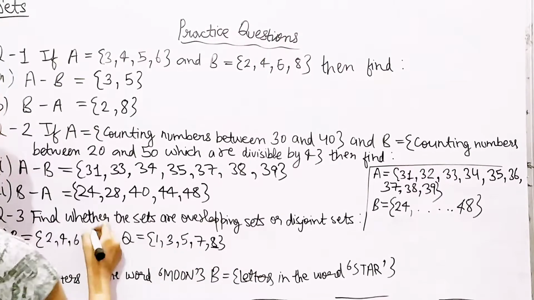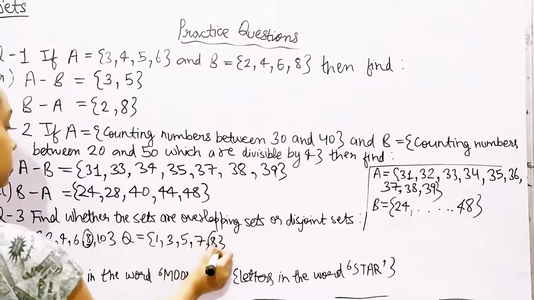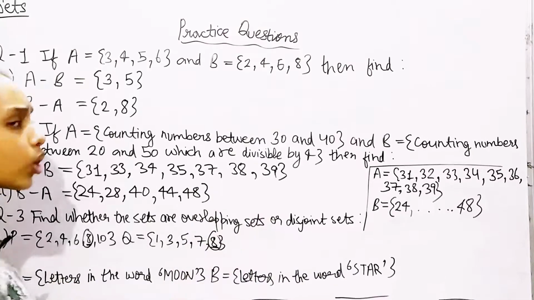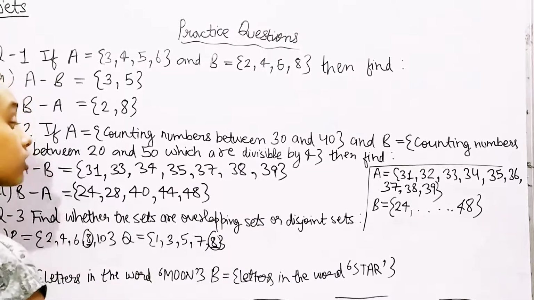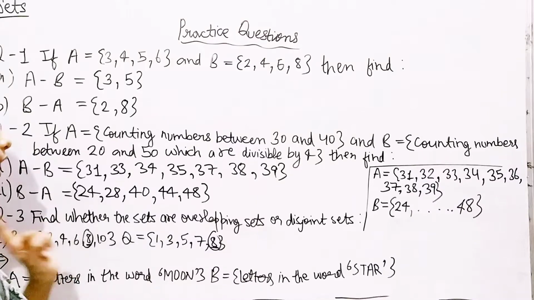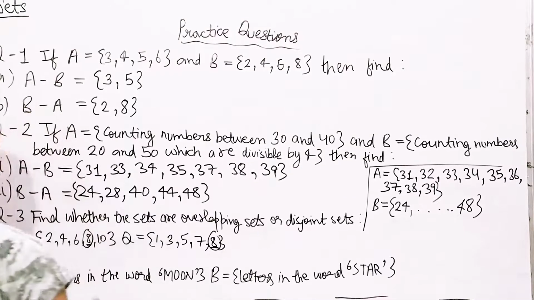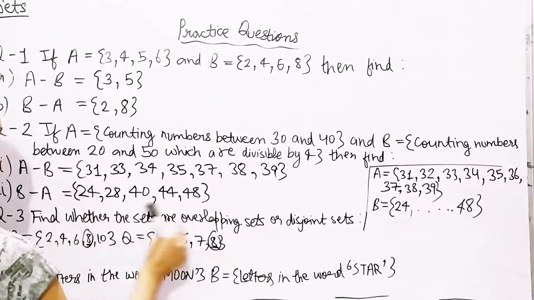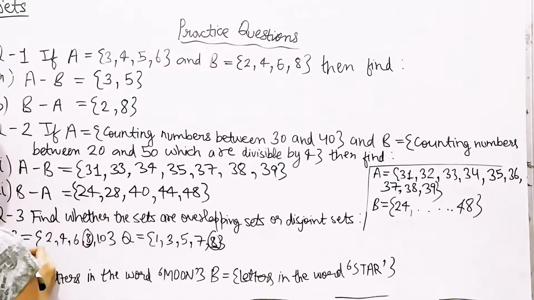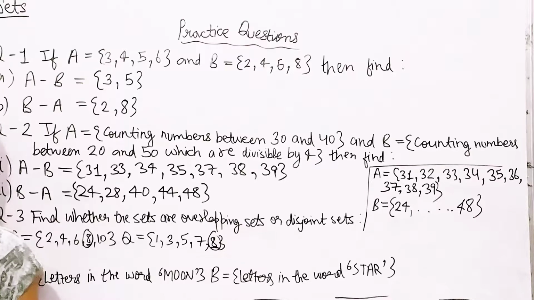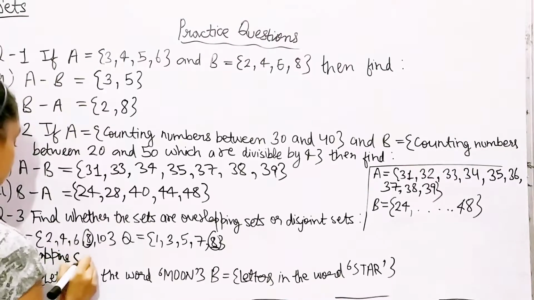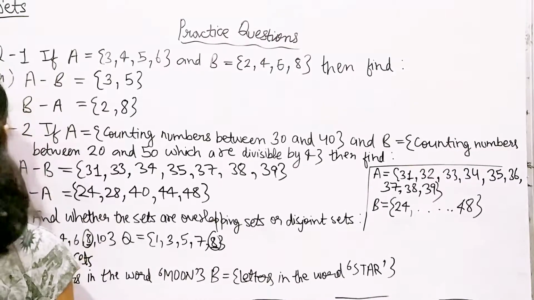So we have 1 common element. Is it going to be overlapping sets or disjoint sets? Of course it's going to be overlapping sets, because we have at least 1 element in common, and that is 8. So the first set are overlapping sets, okay?